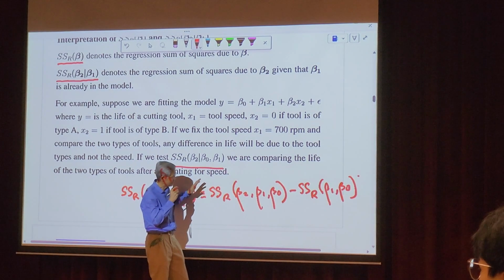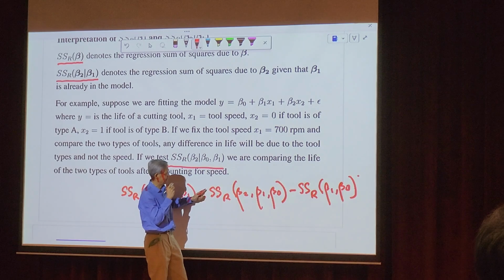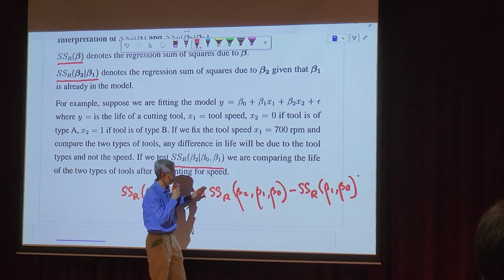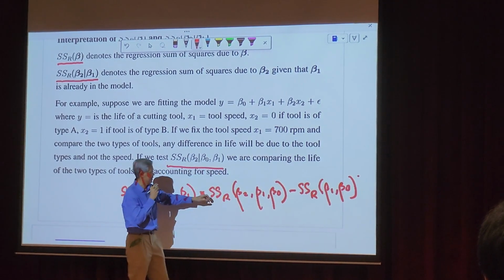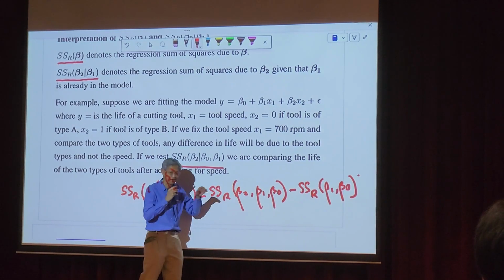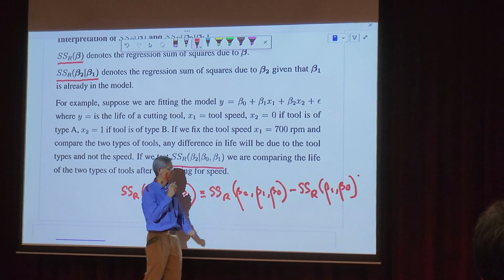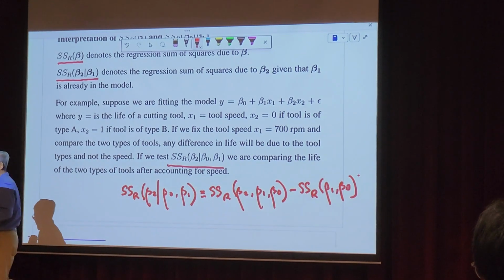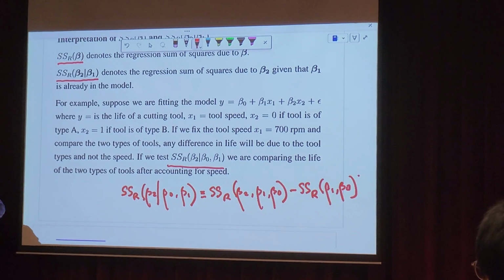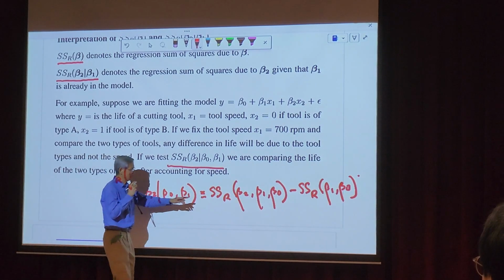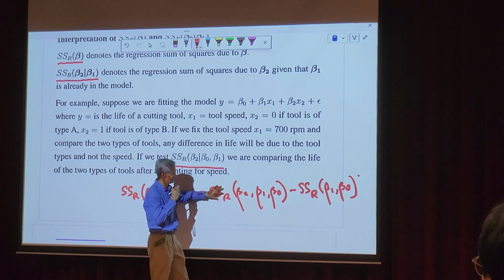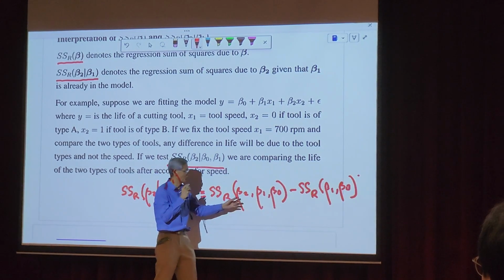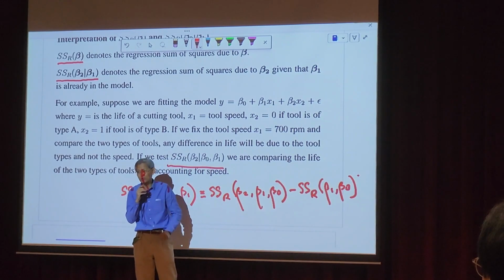And here I include a new regressor, two time, and then I calculate the regression sum of square. Has it changed a lot? If I include this, and this quantity is, let's say, 101, there's very little change, 1%. So I know this is pretty much useless.